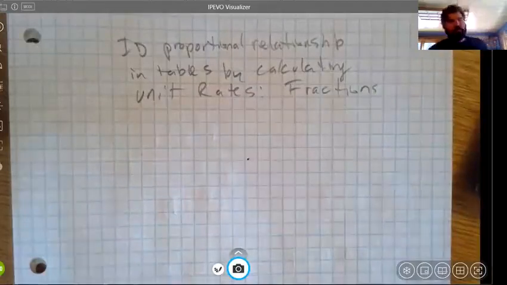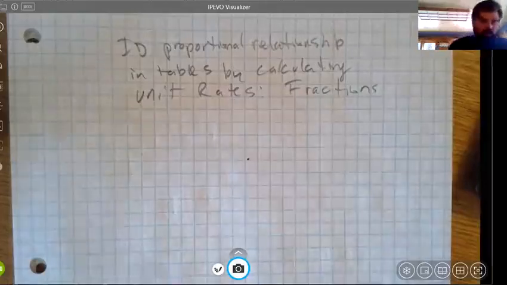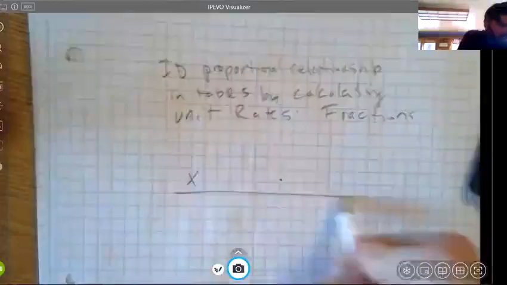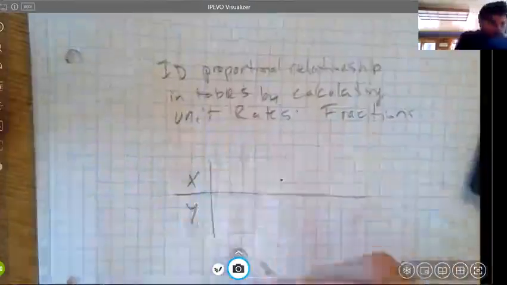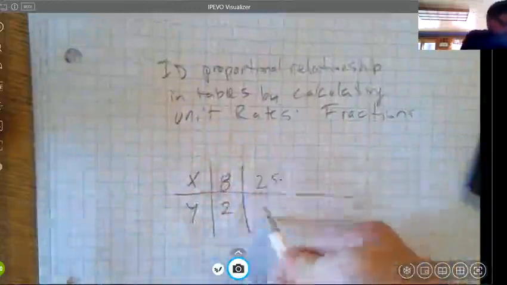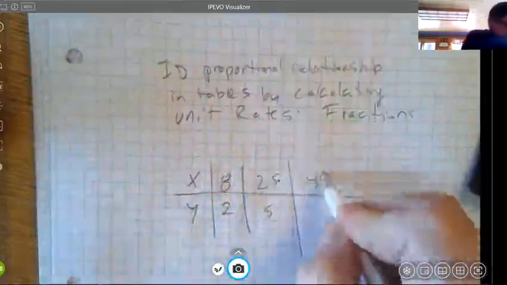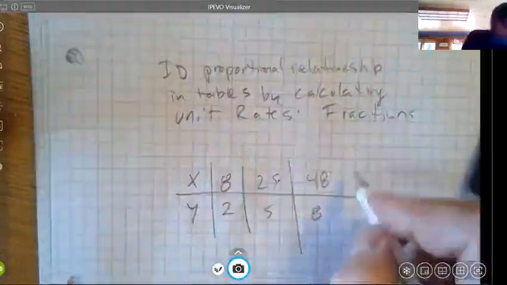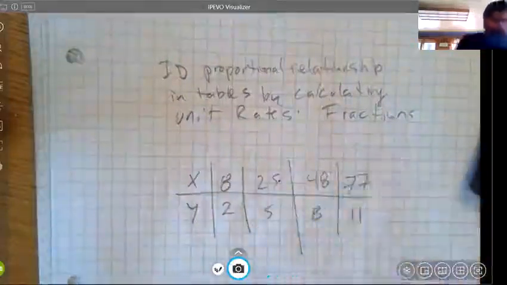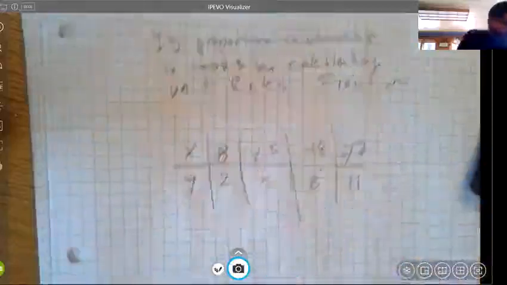Okay. So what I'm doing is on my table, I'll just write this first table down. I have 8 and 2, 25 and 5, 48 and 8, and 77 and 11. Okay. And then on the other one, I have.